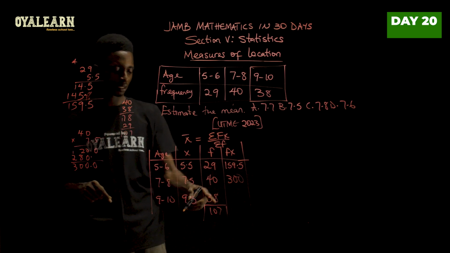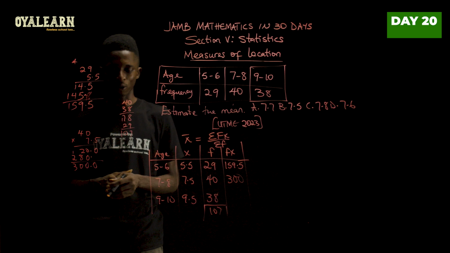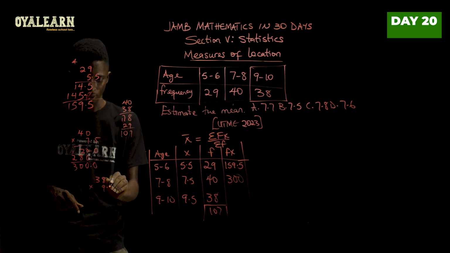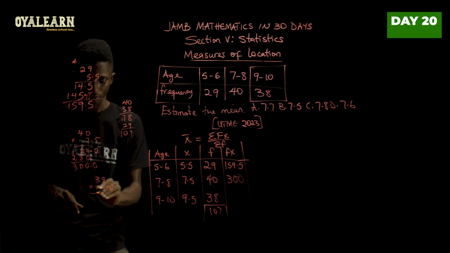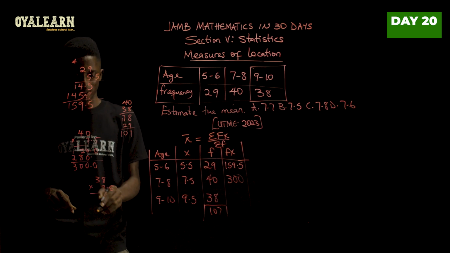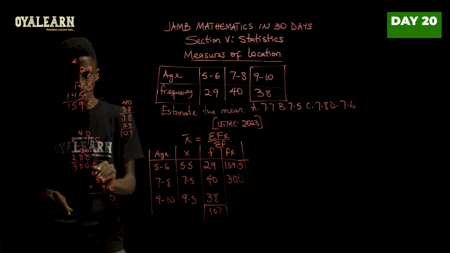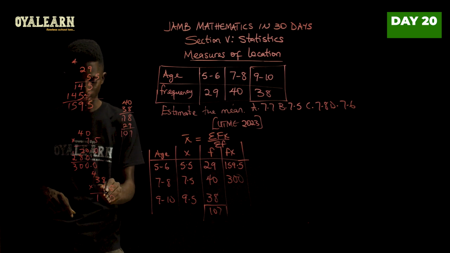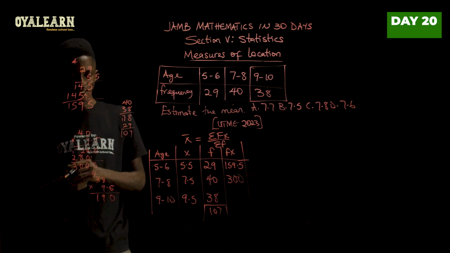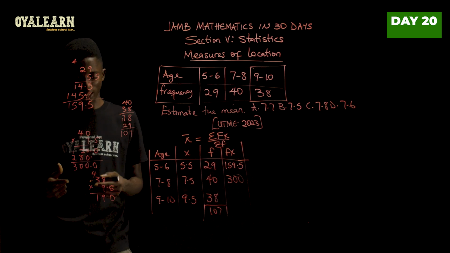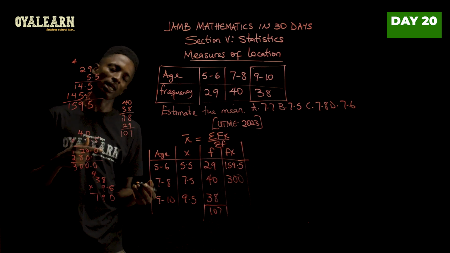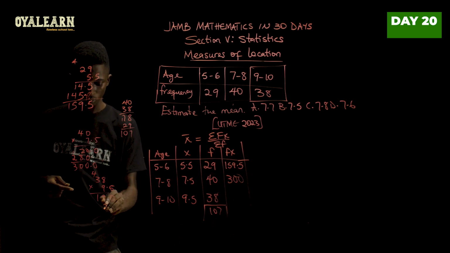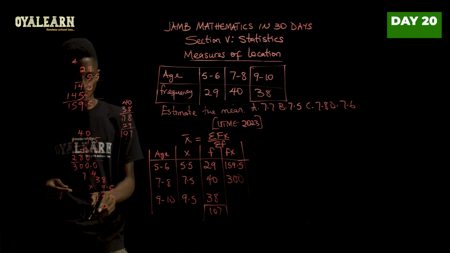And now we do 38 times 9.5. Now 5 times 8 is 40, so 0 carry the 4. 5 times 3, 15, plus 4 we have 19. 9 times 8 is 72, carry the 7.